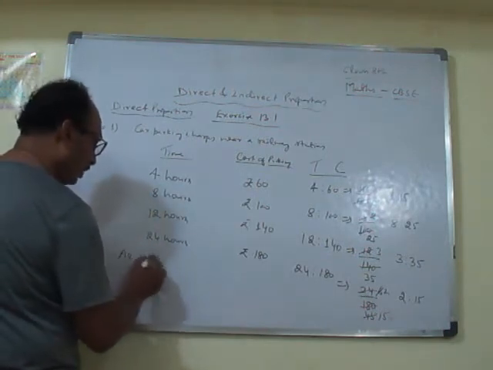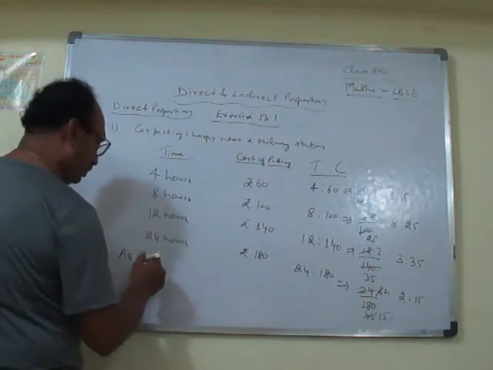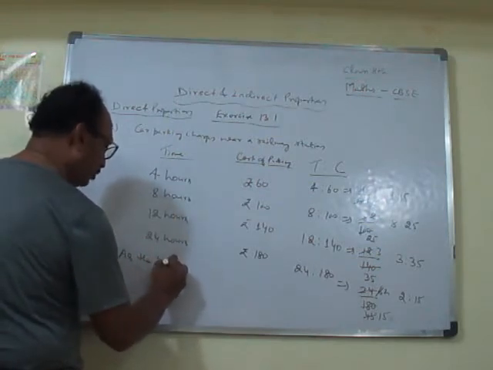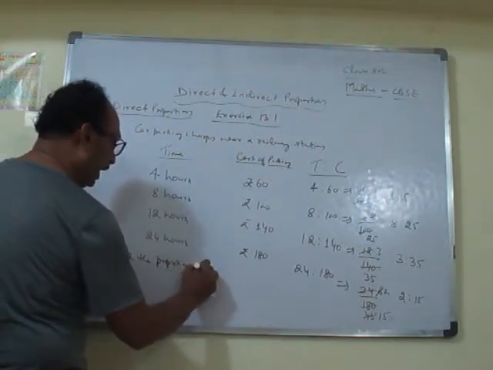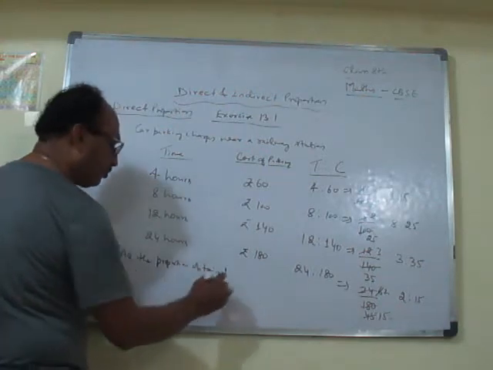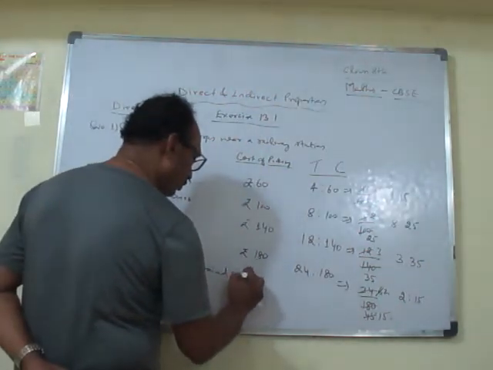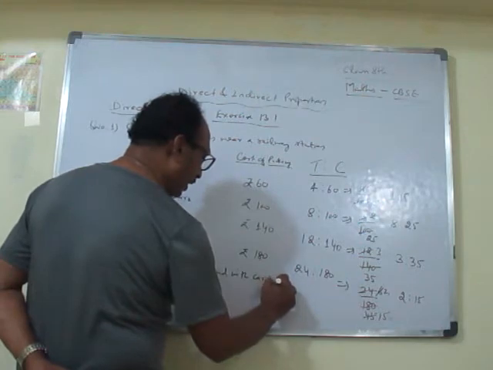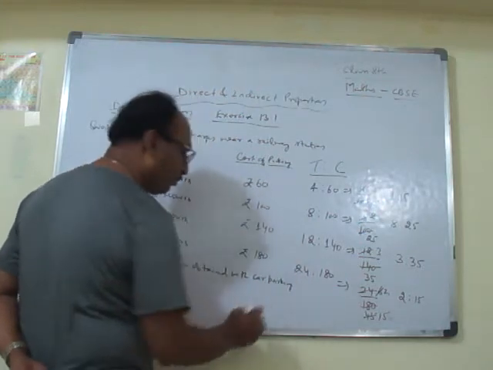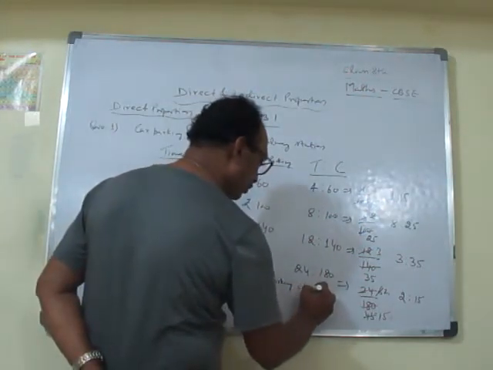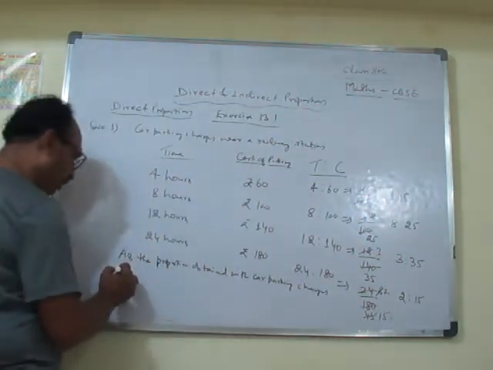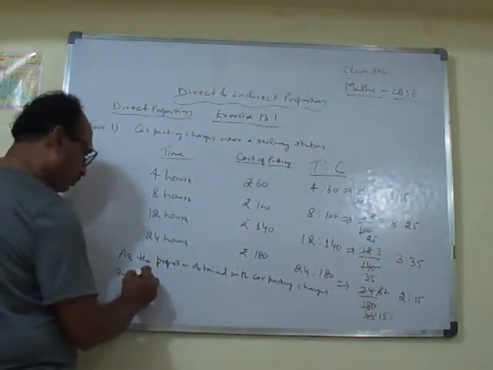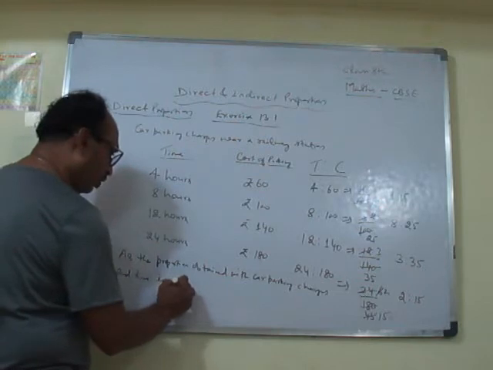So the car parking charges and the time given are not in direct proportion, as the proportion obtained with car parking charges and time is not constant.